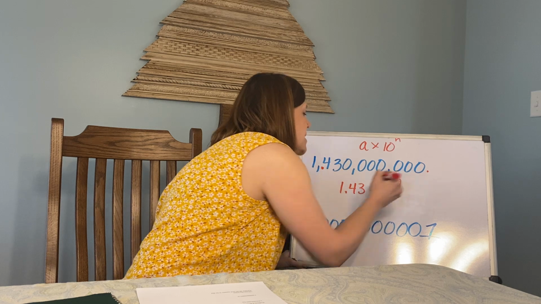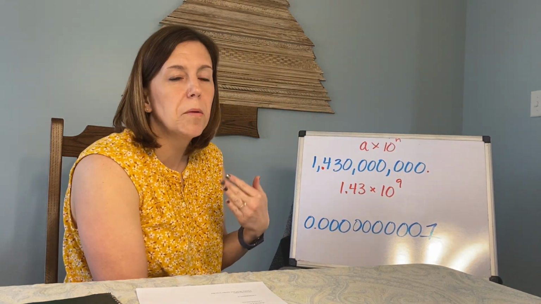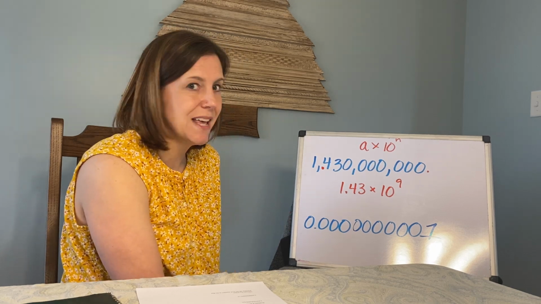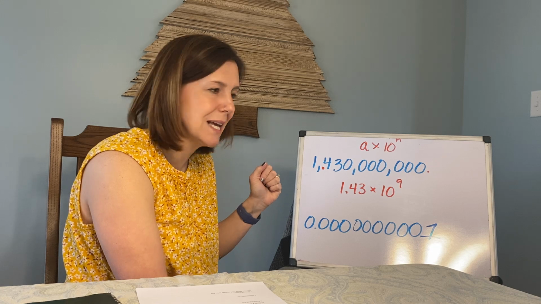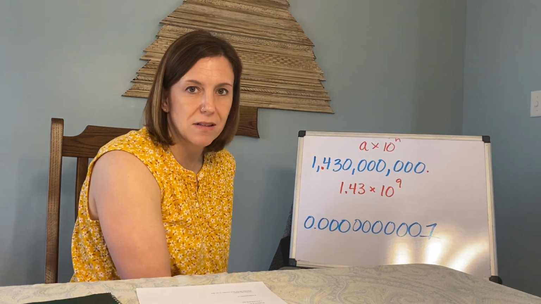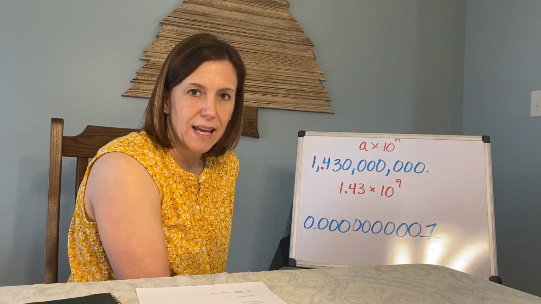The question is, am I going to be having my power be a -9 or a +9? Well, the best way to check yourself is, remember previously I said if I have a very large number, my exponent is positive. So that's the way that we need to remember this.